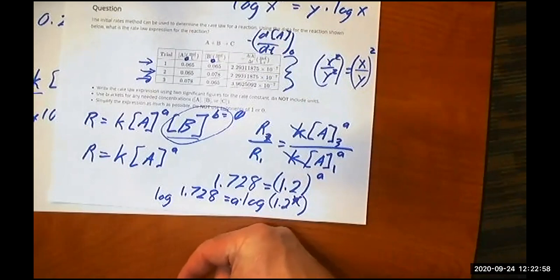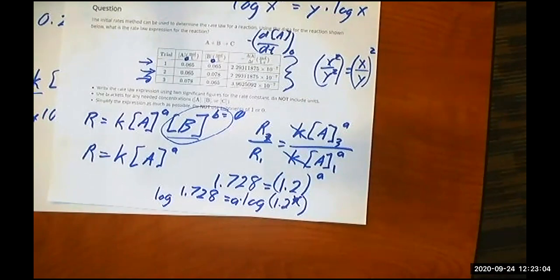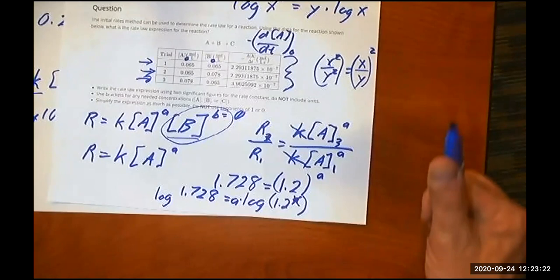Well, then you set up the experiment wrong. You cannot use the method of initial rates if in each trial more than one thing is varying. You have to set it up so that one species is held constant across a pair of trials, or all but one are held constant across a pair of trials.